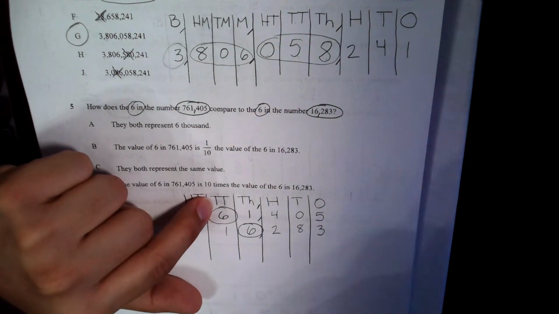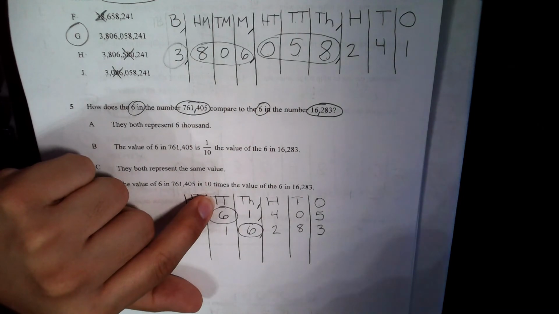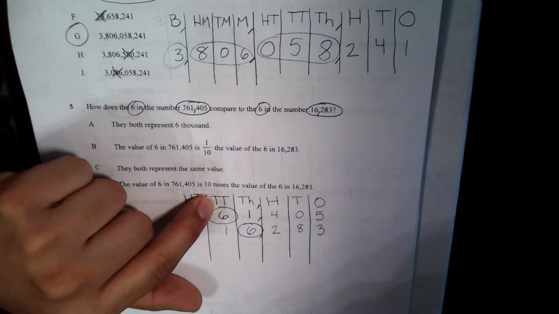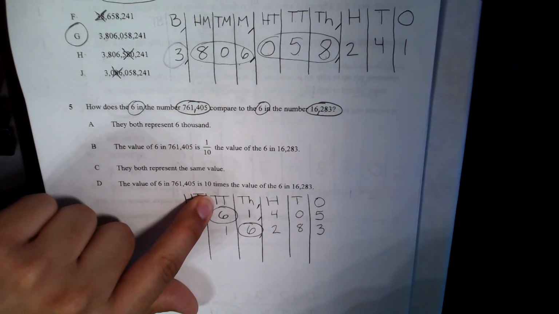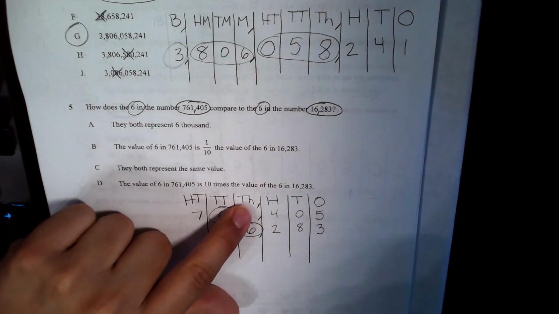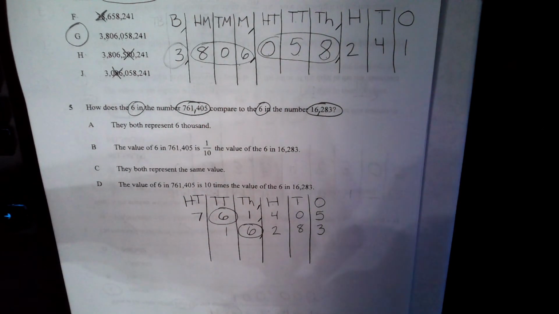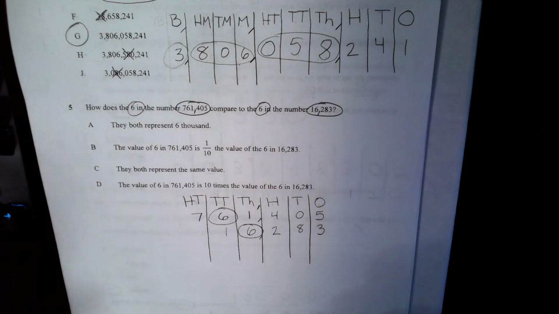So this place value here, Ezekiel, what is it? 10,000. Is 10,000 the same as 1,000? Or are they different? They're different, right? If I owe you $10,000, Ezekiel, I can't give you $1,000 and go, here's all the money. It's not the same, right?